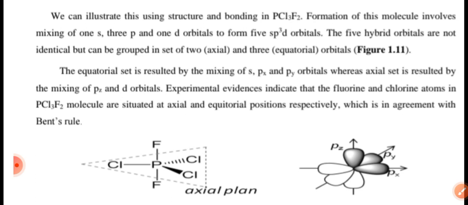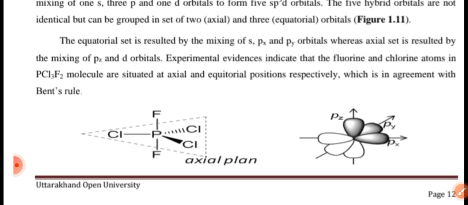Phosphorus trichloride difluoride. Formation of this molecule involves mixing of 1s, 3p and 1d orbitals to form 5 sp3d orbitals. The 5 orbitals are not identical but can be grouped in a set of 2 axial and 3 equatorial orbitals.